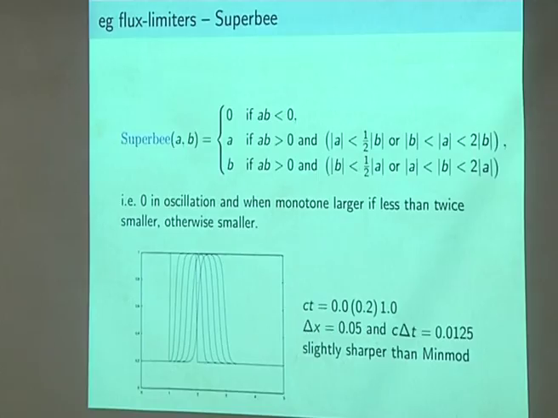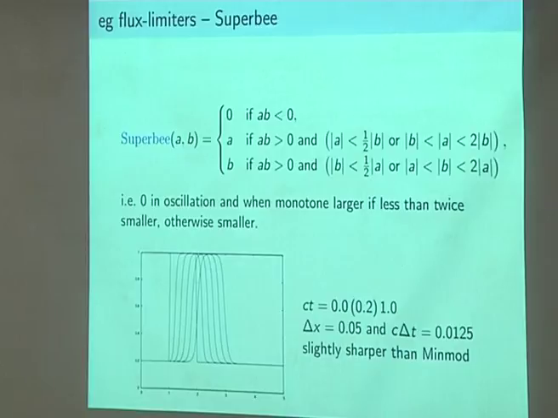So there's another one called Super B. So this is more complicated. Again, we compare the gradient at the point of interest with the gradient at the one point before, and if they're of opposite sign, I'm in an oscillation, so no correction. If the gradient here is less than twice that one, the gradient's increasing, but not too much, so we allow it.